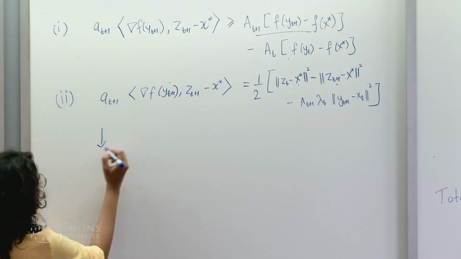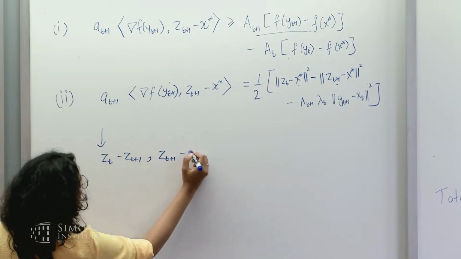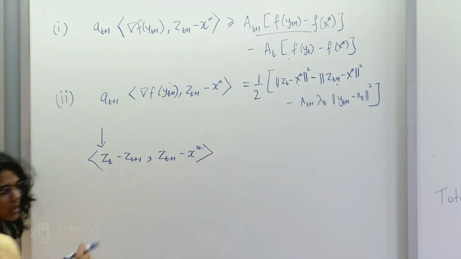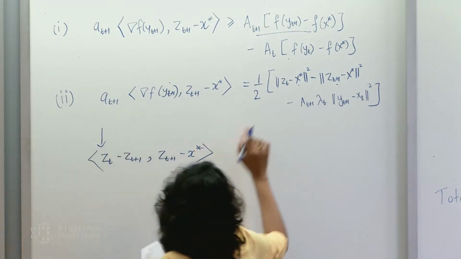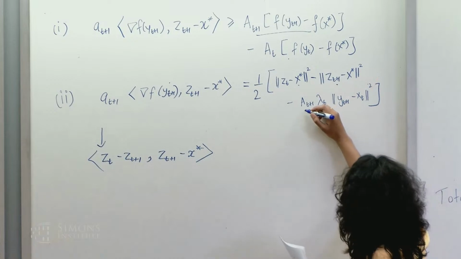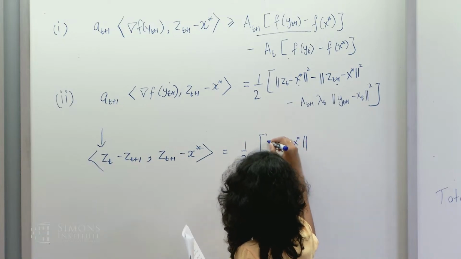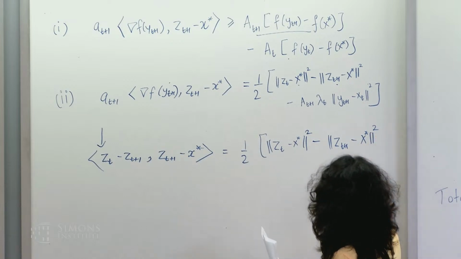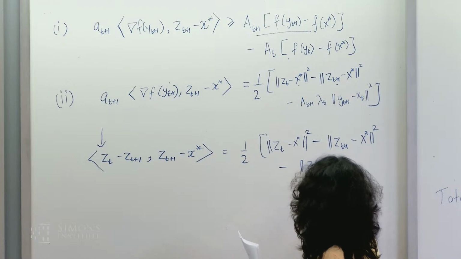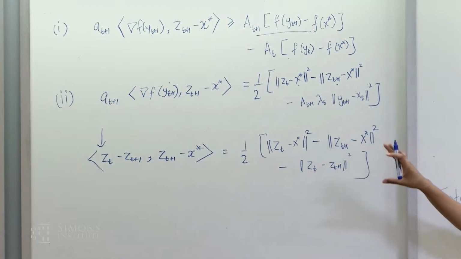So this is just equal to, once you have this inner product, you can use the cosine law, which is basically that if you have, this is then exactly equal to this, and this is easy to verify if you just expand these.